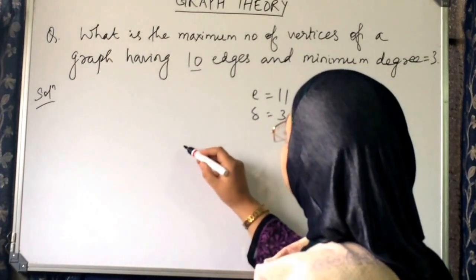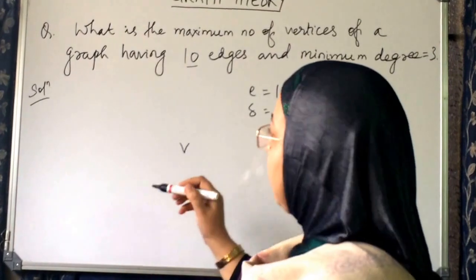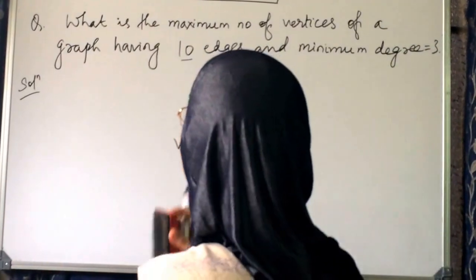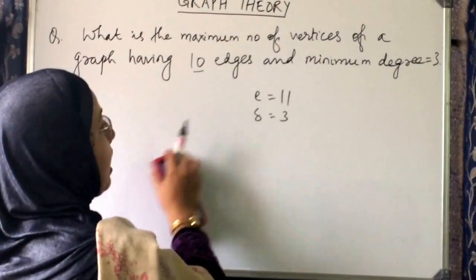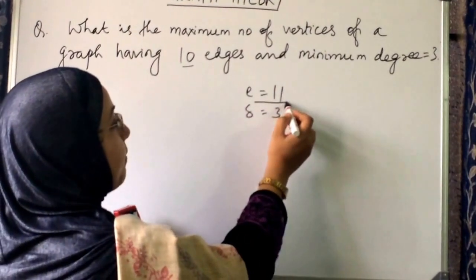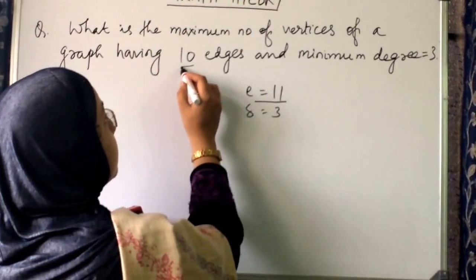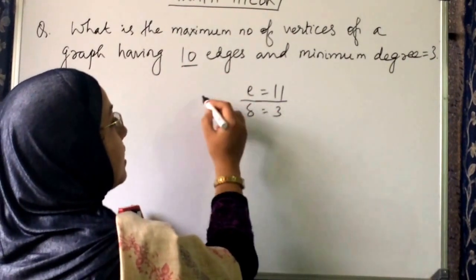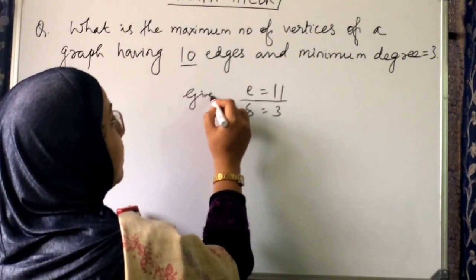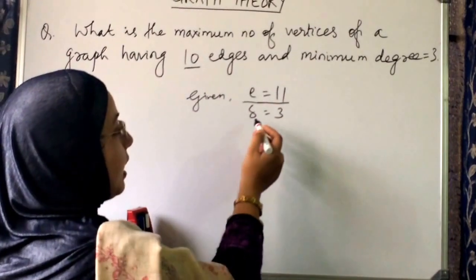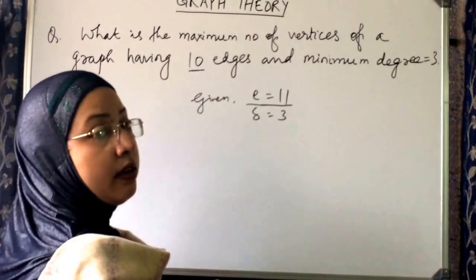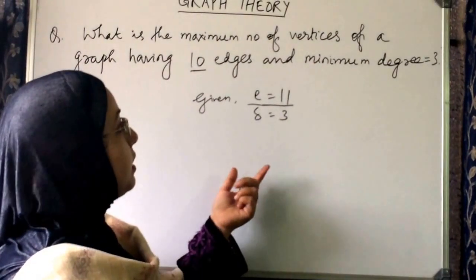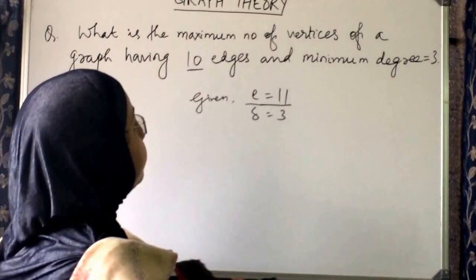Then what will be the maximum number of vertices? I have changed only this one. E is given as 11 and del is given as 3. Then what will be the maximum number of vertices of a graph?